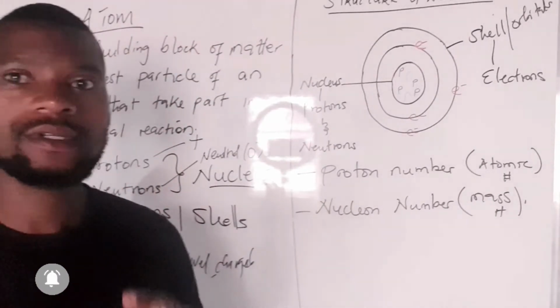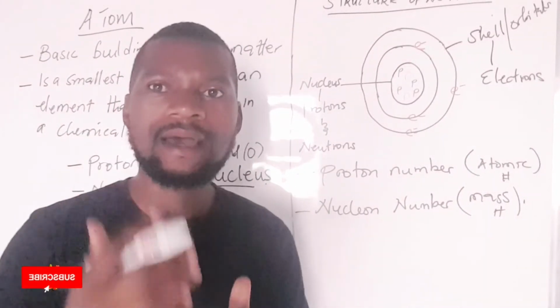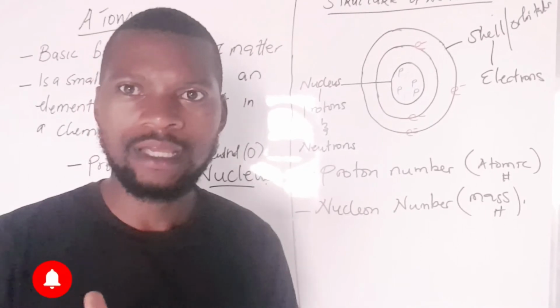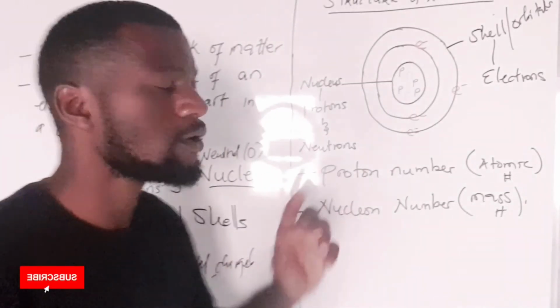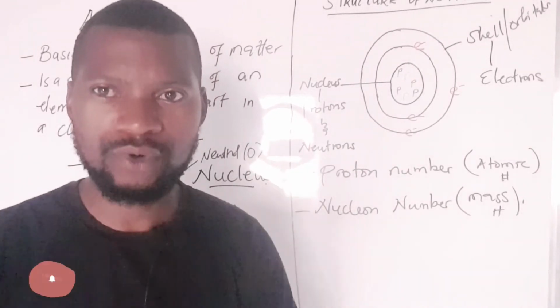The proton number is basically the number of protons in the nucleus of an atom. So the proton number only deals with the number of protons.